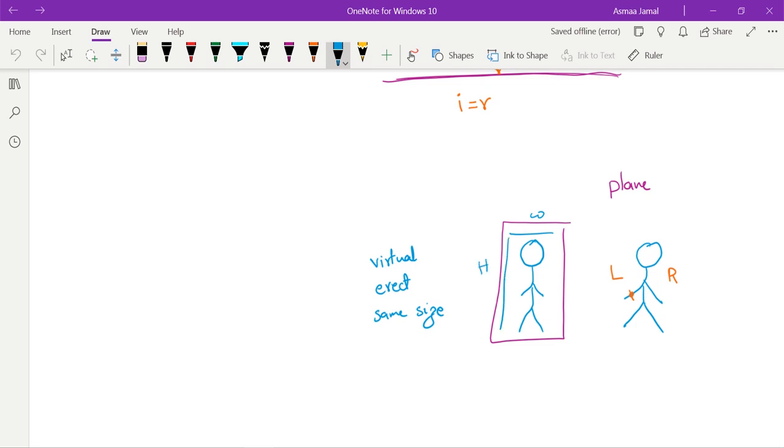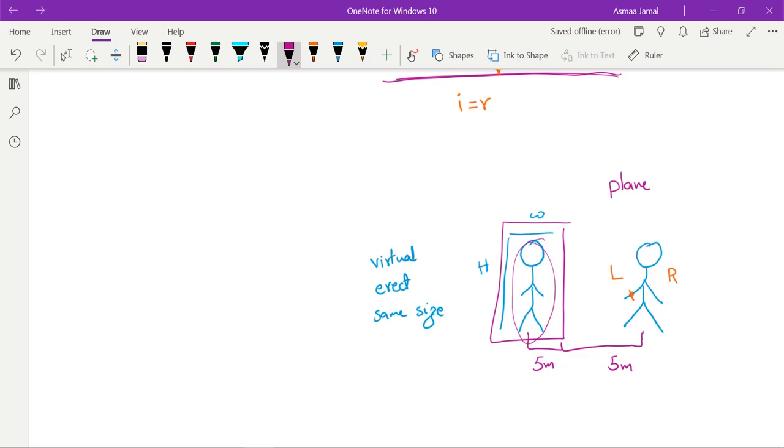All the dimensions are similar to the object. The distance between the object and mirror is the same as the distance of the image and the mirror. So if you are 5 meters away from that mirror, the image will appear 5 meters away from the mirror.